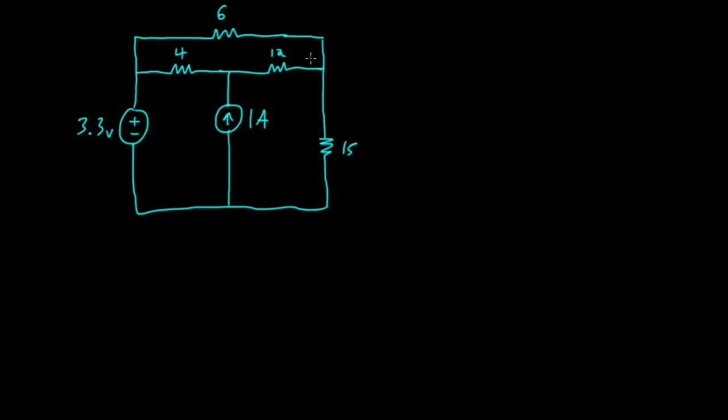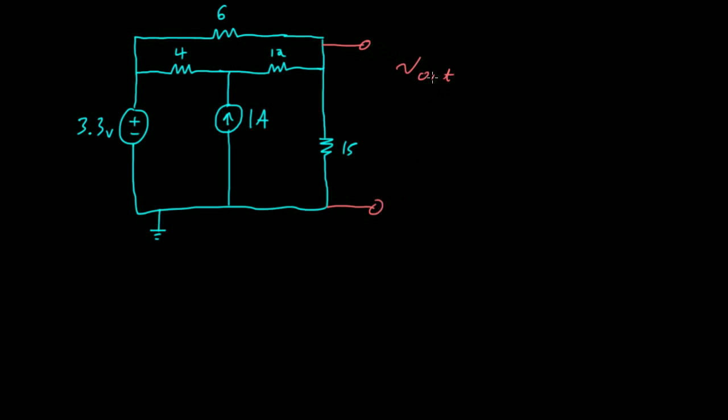Let me also give myself a ground node. I'm going to say that my ground is right here. And what I care about is this voltage right here with respect to ground.